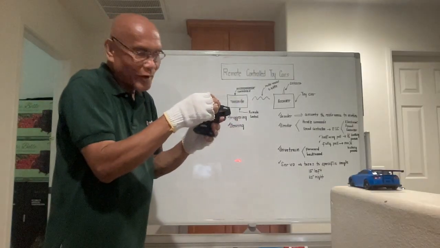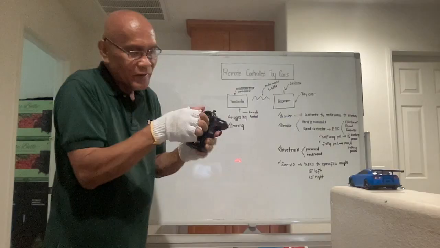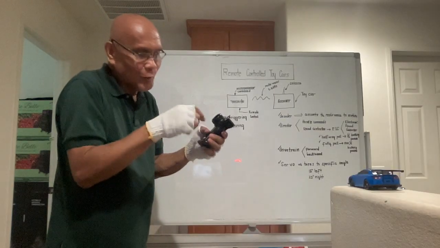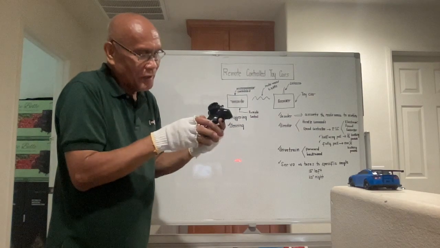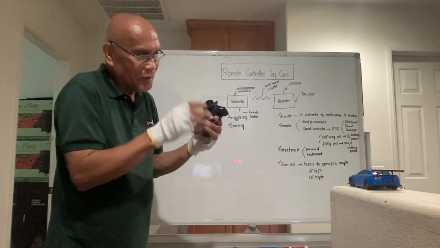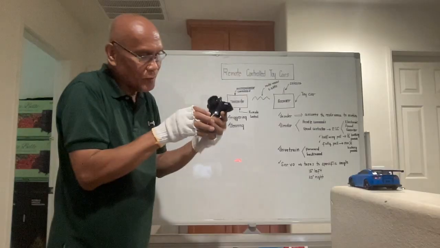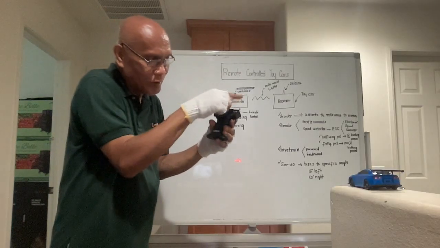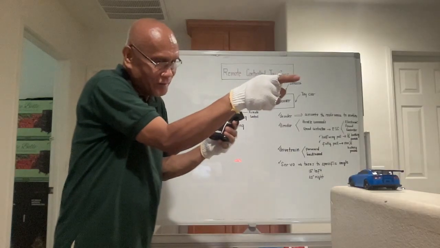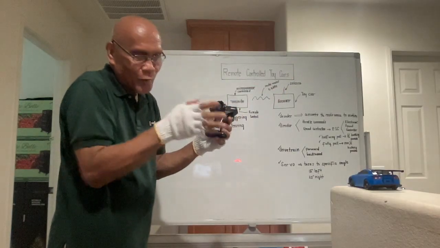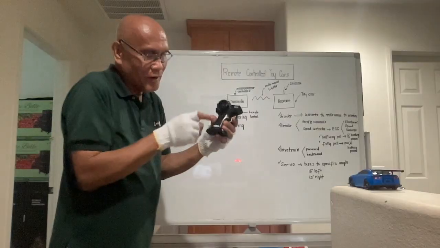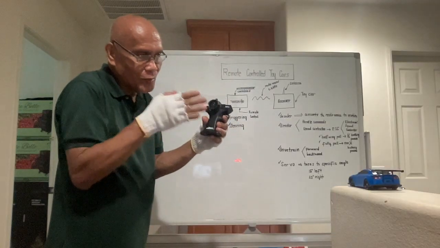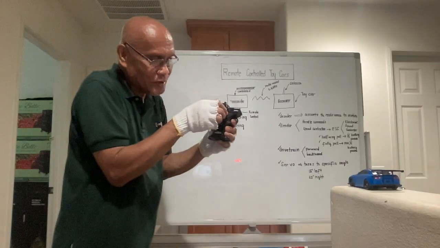So if you want to go right, you turn like this. If you want to go left, you turn like this. While going forward, if you want it to go to the right, you press this one here, then you turn it like that. So it will go forward, then turn right. The same is true with the turn left. You push this one to go forward, and if you want it to move to the left, just do it like this.